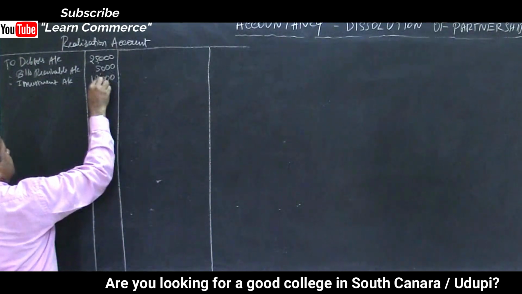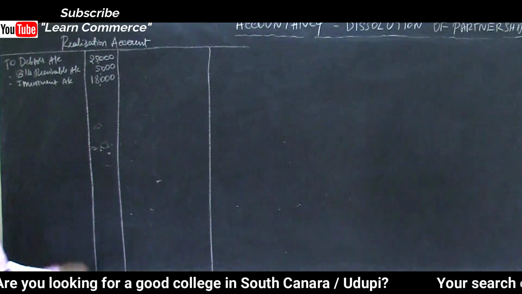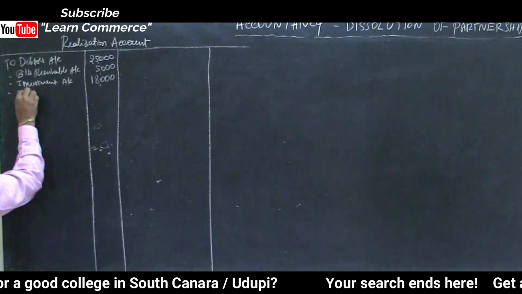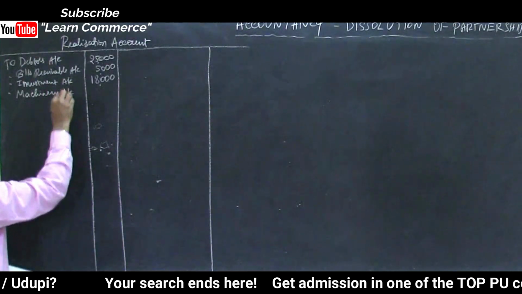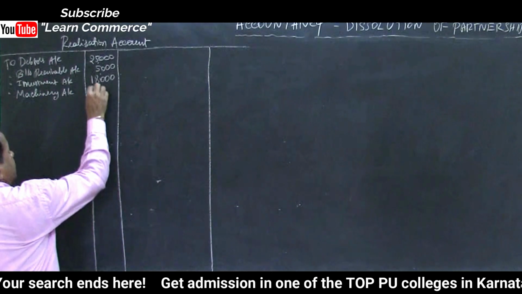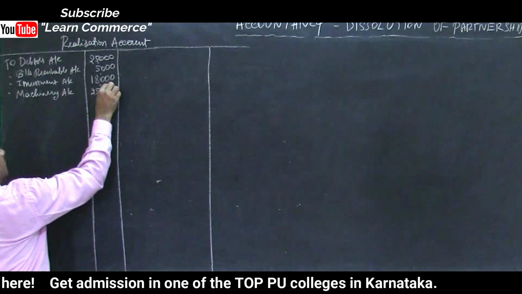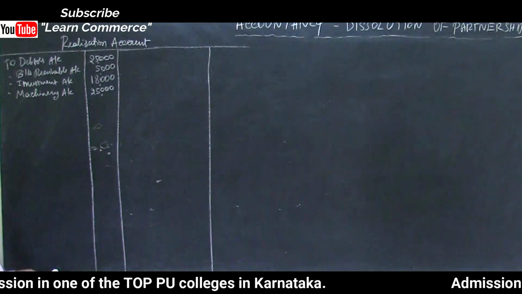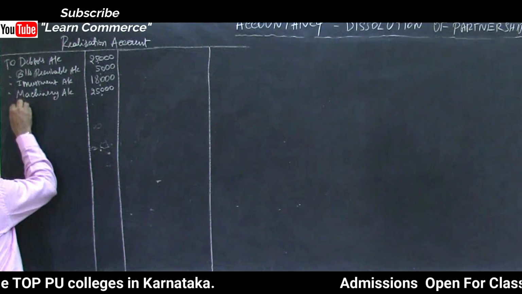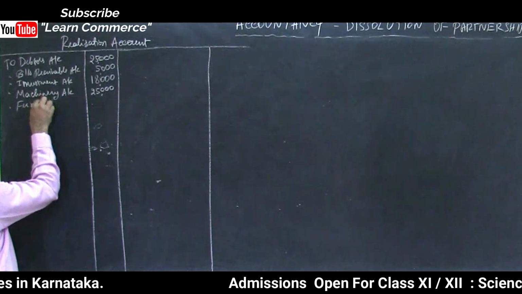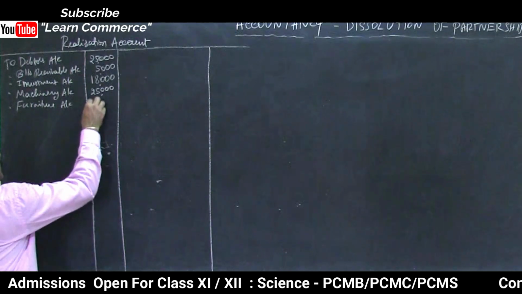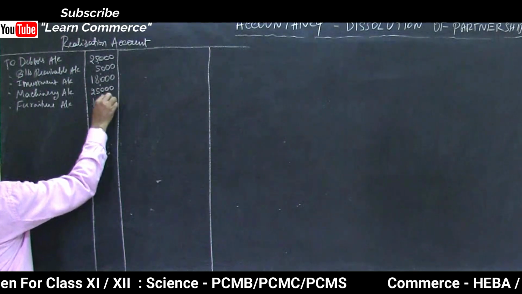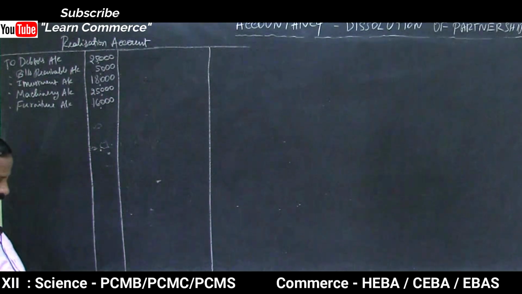Then comes machinery account. How much? 25,000. Then to furniture account, how much? 16,000, right? That's all for the assets.